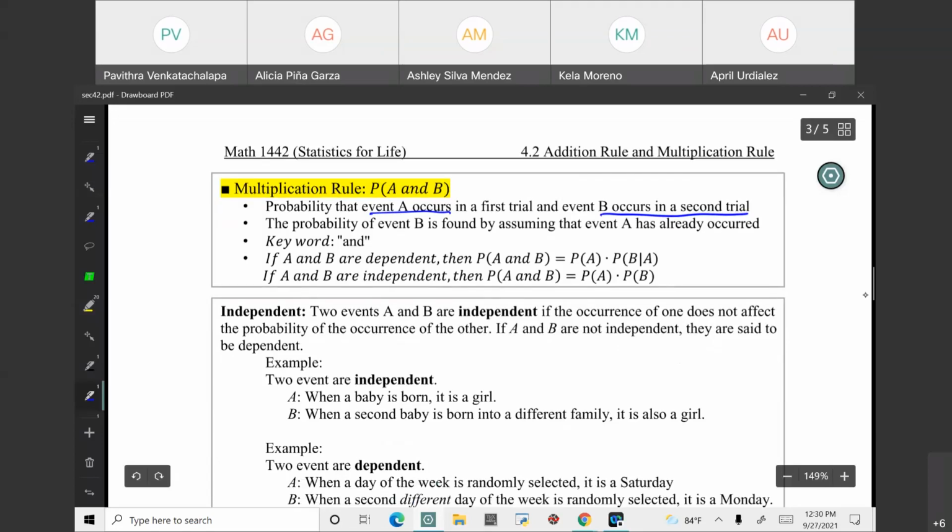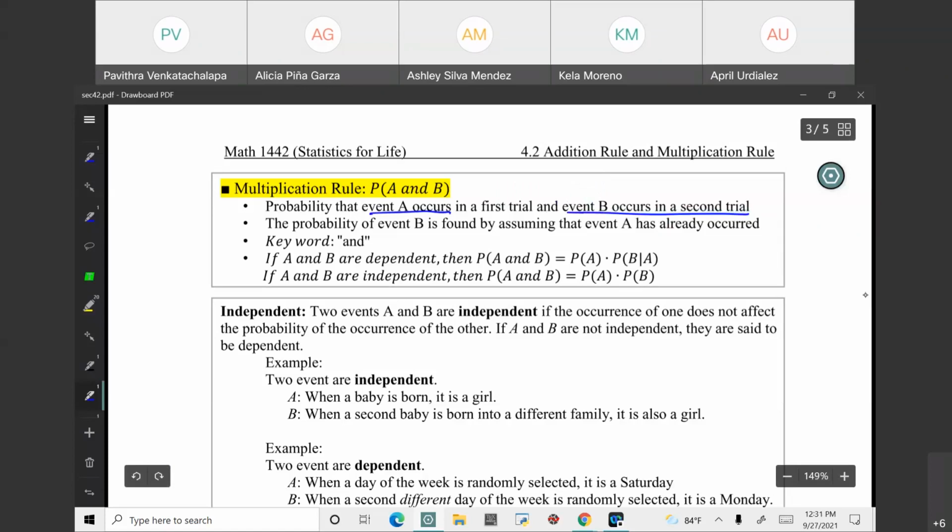For example, if I toss a coin once for the first time, I can get head. That is event A. When I toss a coin a second time, I can get tails. That is event B. So when you combine these two events, the answer you get will be your probability of A and B.